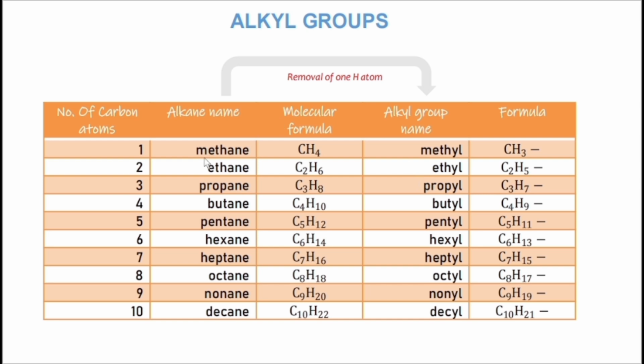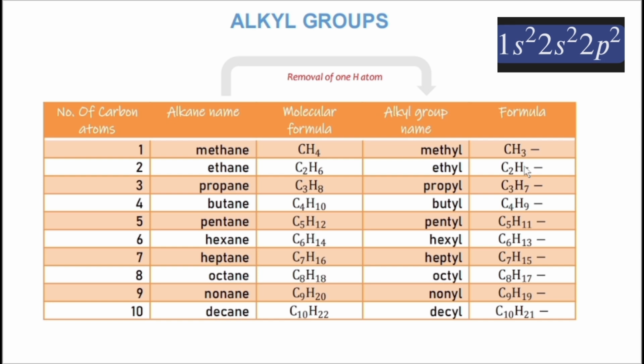When methane is converted to its alkyl group, the ane suffix gets removed from the ending and is replaced with the suffix yl, because now it's an alkyl group. So methane will be converted to methyl, and it no more has 4 hydrogen atoms. It now consists of 3 hydrogen atoms.